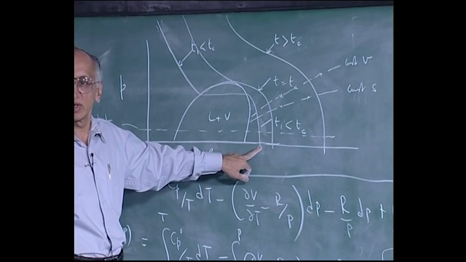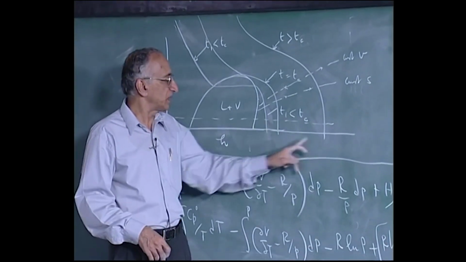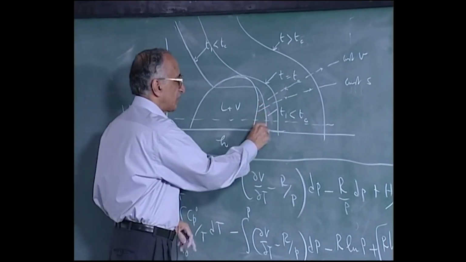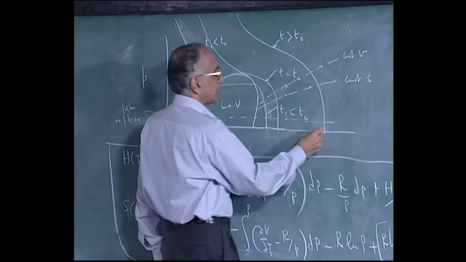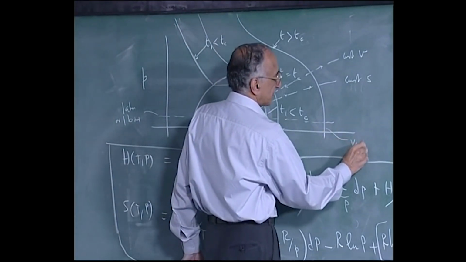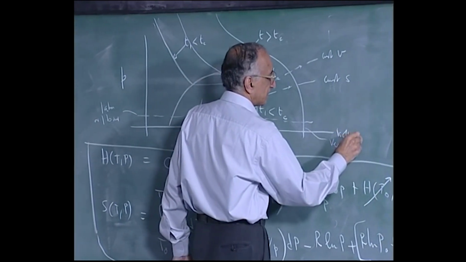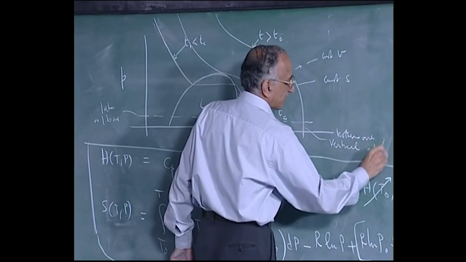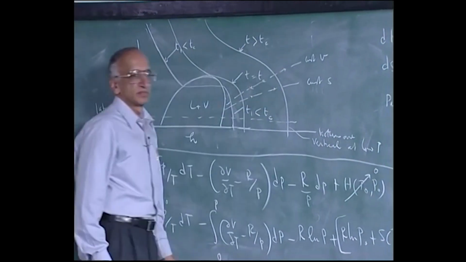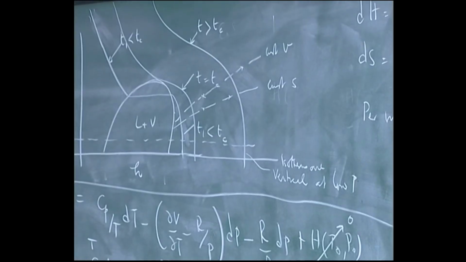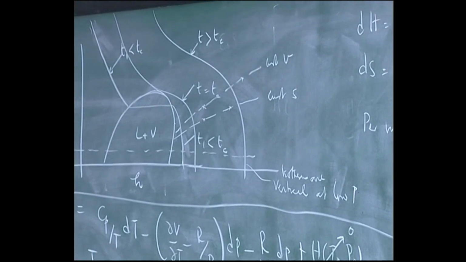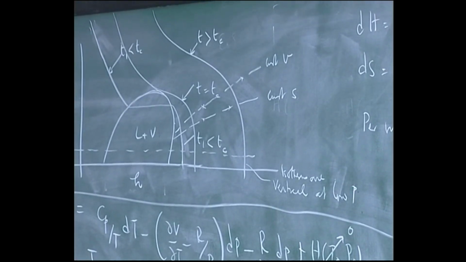You are looking at the inverse of the slope here. So these lines have to be vertical when they come to sufficiently low pressure here. All these lines are vertical. Isotherms are vertical here at low pressure. You are essentially saying they are ideal gases and therefore the enthalpy does not change with pressure, it is a function only of temperature.